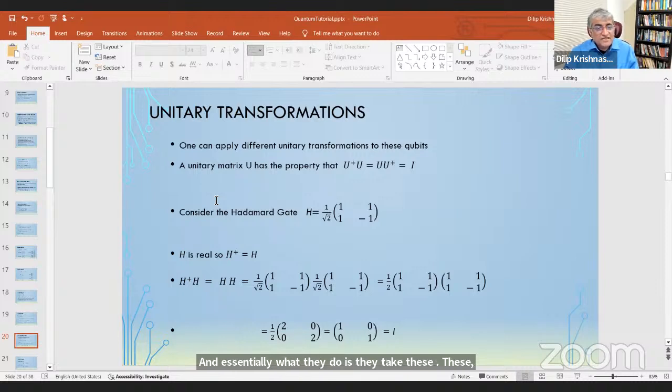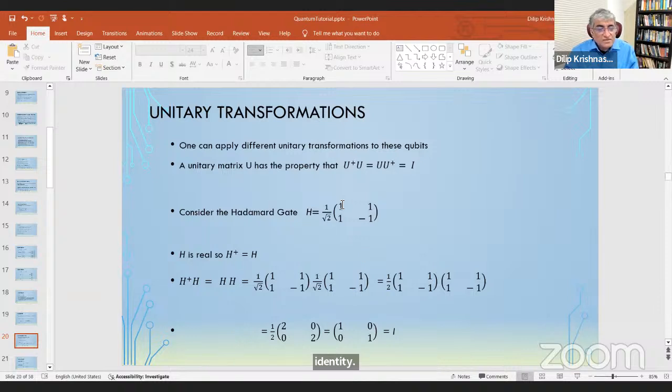The transformations on them are done using unitary matrices, which have a property that if you take the conjugate transpose and multiply it with the matrix, then you still get the identity matrix.